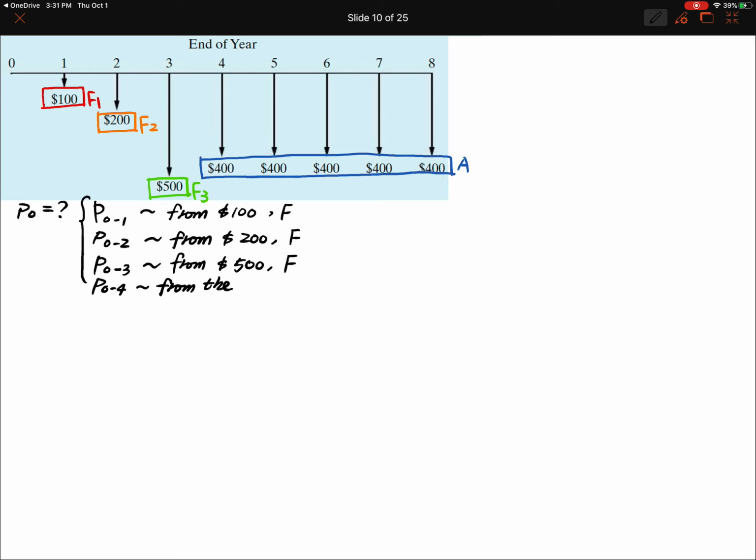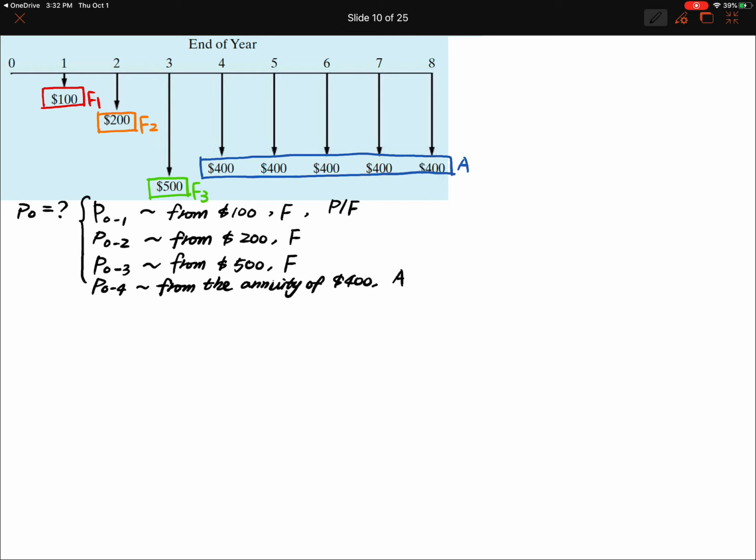And the fourth part is from the annuity of 400, and it is annuity type of cash flow, right? Okay, so you can also label it here.